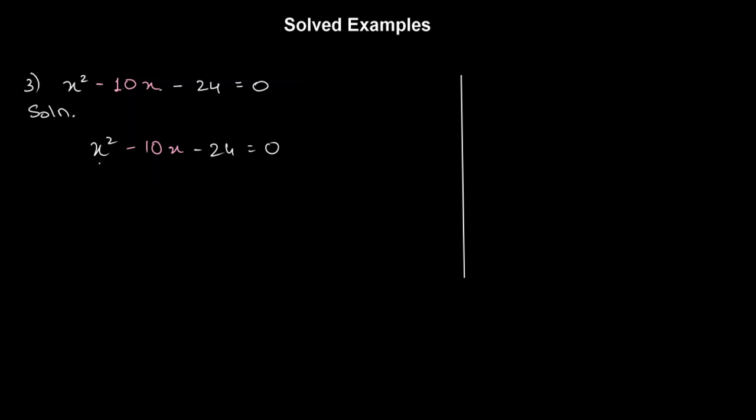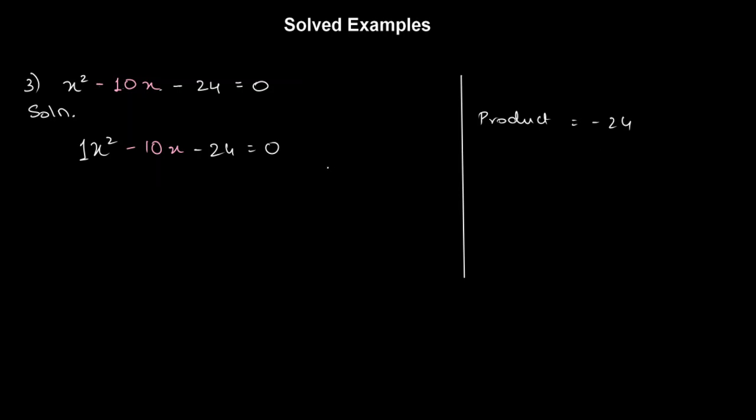The second step is to multiply the coefficient of x square and the constant term. There's nothing given here, so by default the coefficient of x square is 1. So if I multiply 1 and the constant term, which is minus 24, I get the product equal to minus 24.